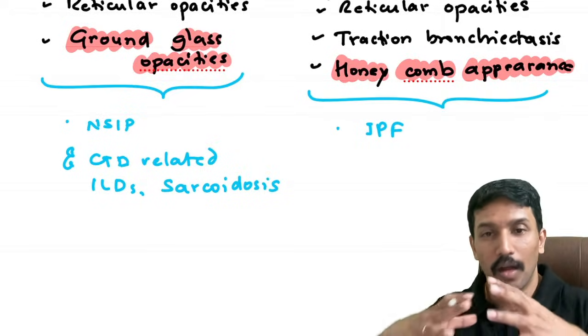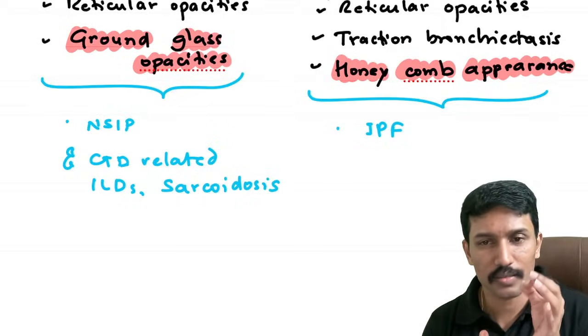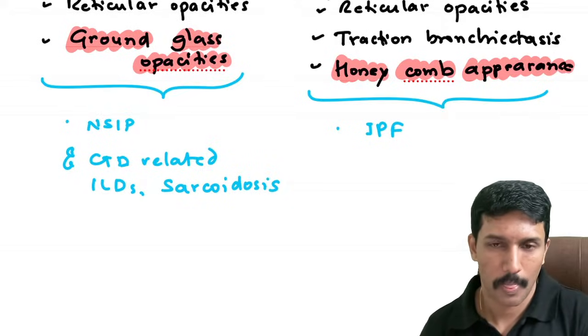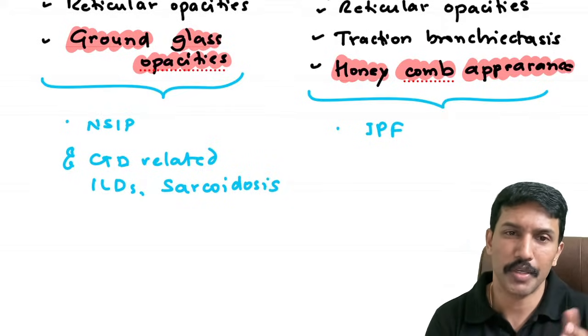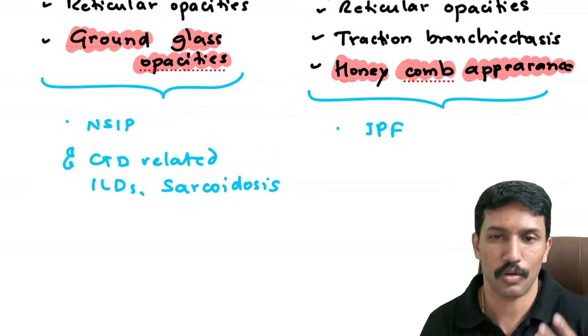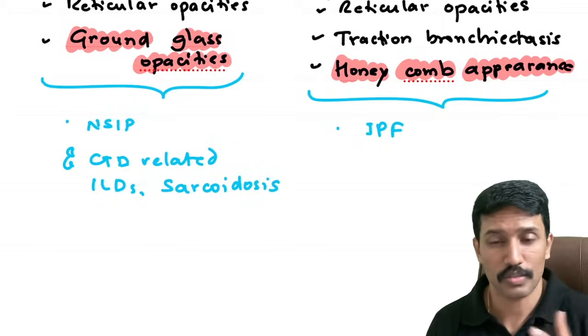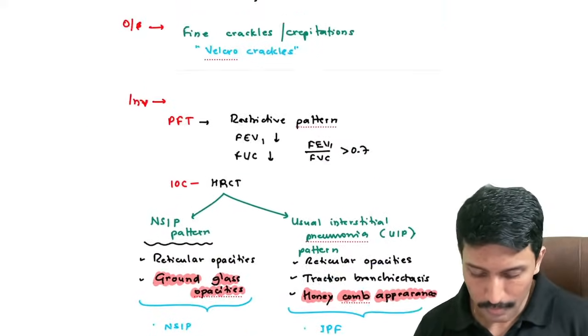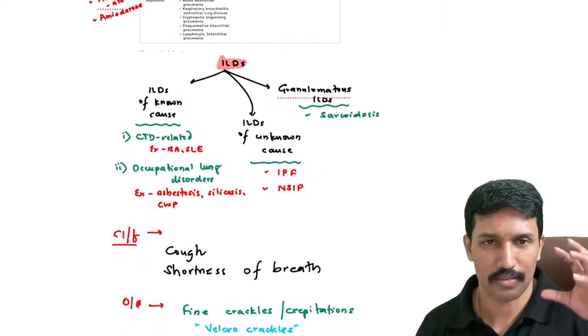So if it is honeycomb changes that you see on the HRCT, it is pointing towards idiopathic pulmonary fibrosis. But if you see ground glass opacities, it is pointing towards NSIP or SLE or rheumatoid arthritis related or sarcoidosis related ILDs.